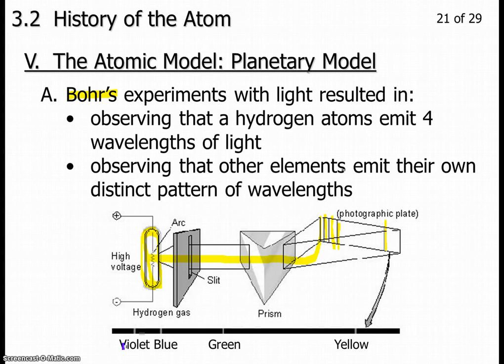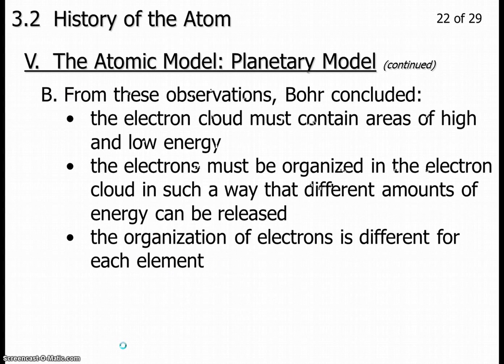And this is what's called an emission spectrum. It's kind of like a pattern. And he observed that this also happens with other elements, and they each have their own distinct pattern. So from this information, he concluded that there must be something in the electron cloud that allows the atom to emit high and low energy of different forms.